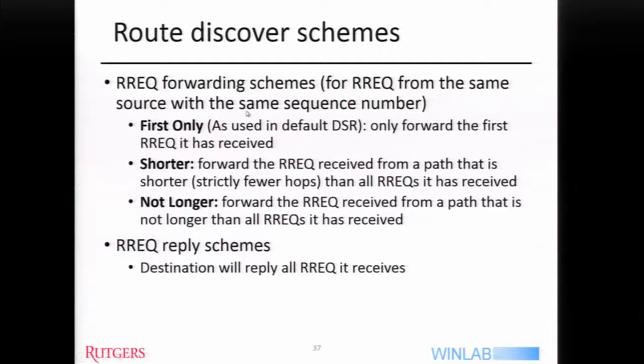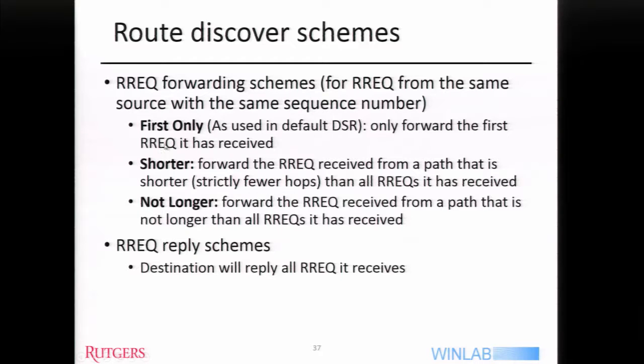And another thing is, if we want to find multi-paths from the source to the destination, we should try to forward this route request through different paths to the destination, so that each node in the network can have a different scheme to forward a route request.